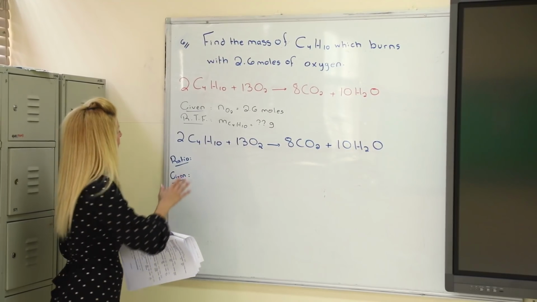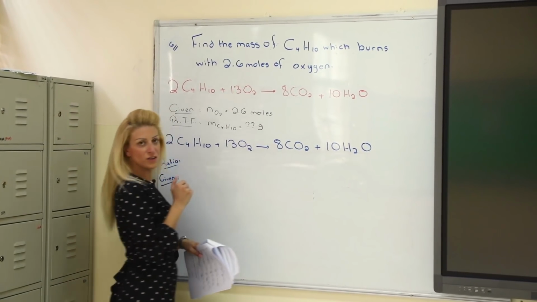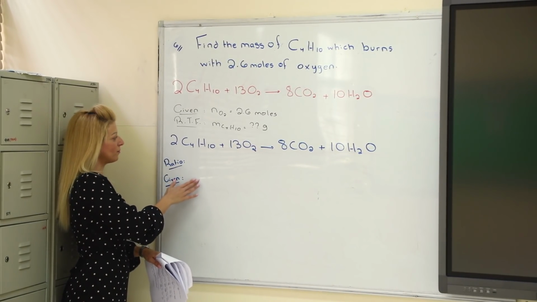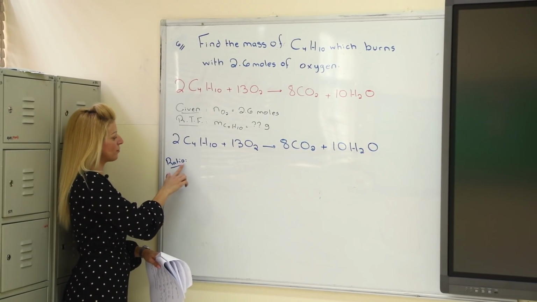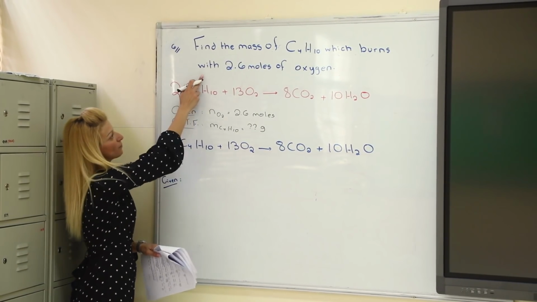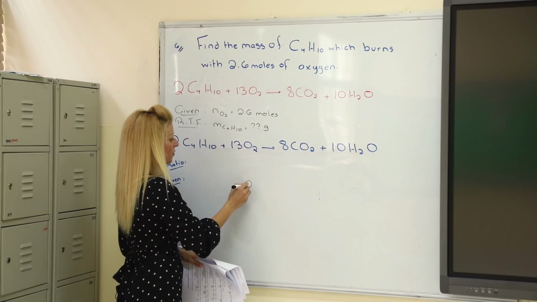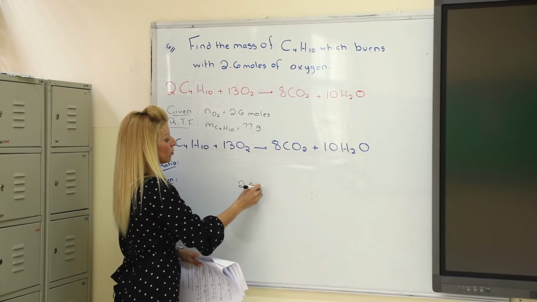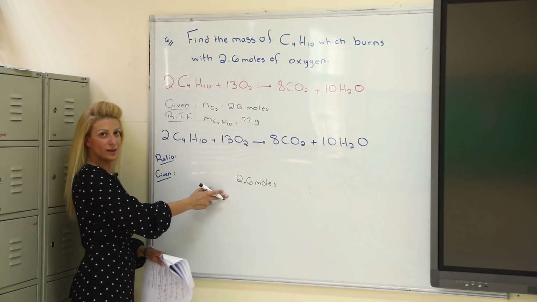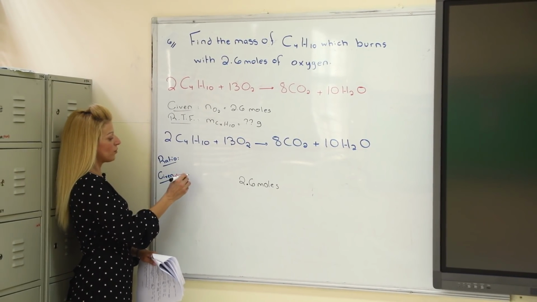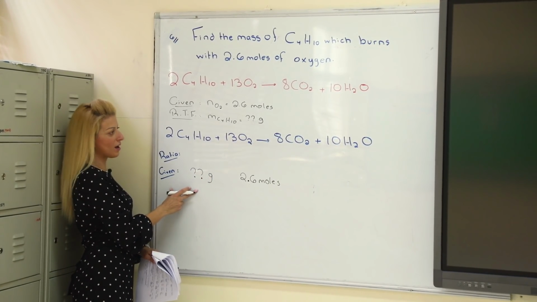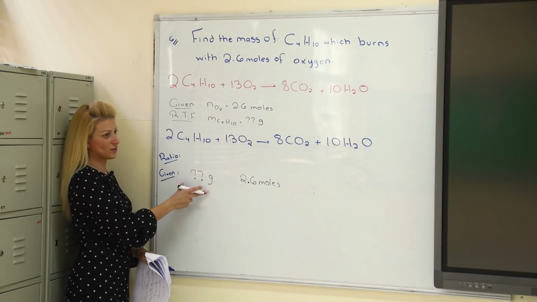So we rewrite the balanced equation and we write the ratio and the given from our balanced equation, the ratio in its most convenient form. So the given is from the question, so 2.6 moles of oxygen, we write that under O2 in the balanced equation, will react with how many, so question mark, how many grams of C4H10.